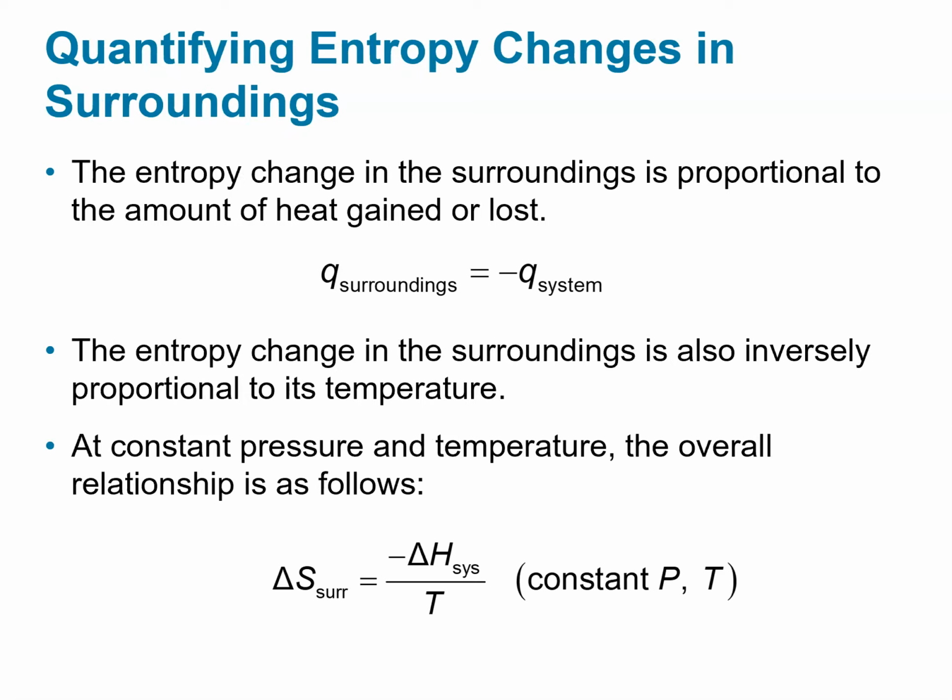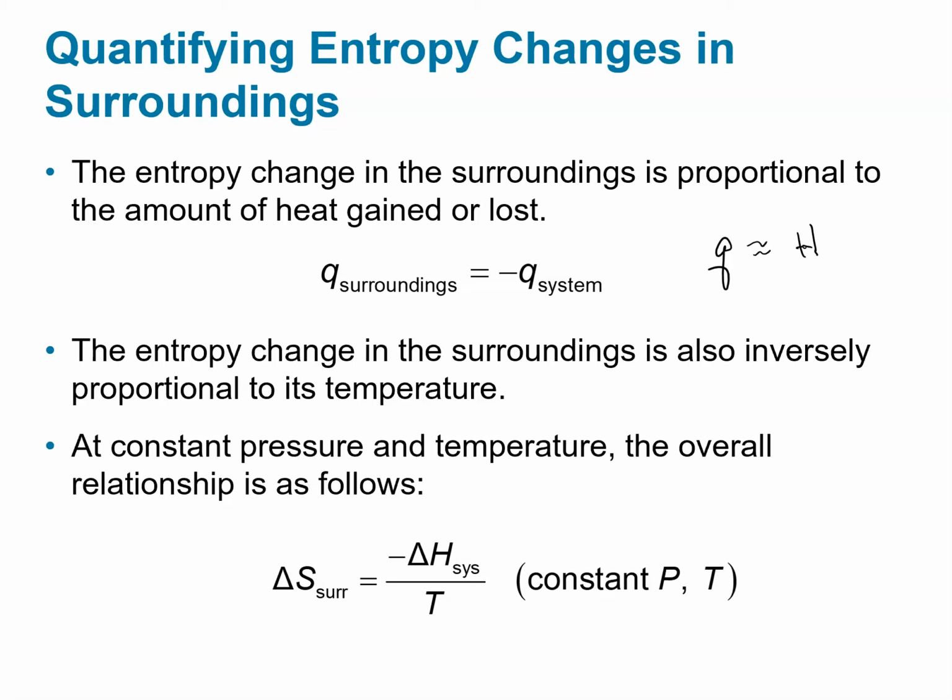So, quantifying entropy changes in surroundings. Remember Q is heat of a system, which under constant pressure and temperature, Q is going to be used interchangeably with H, enthalpy, for the context of this course in particular.